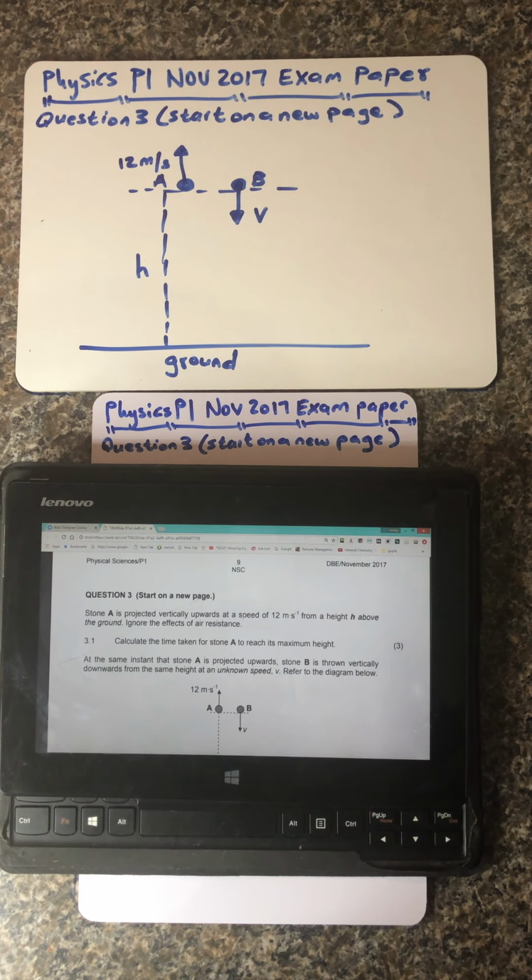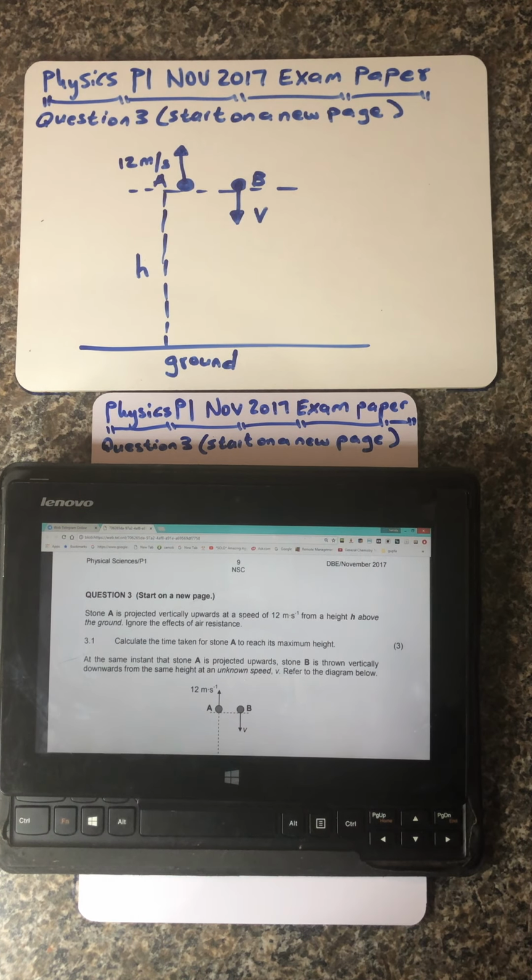So the chapter that we'll be looking at for today is vertical projectile motion in one dimension. We're given a statement there. I'm just quickly going to read through the statement and give you a bit of interpretation of that diagram that you see.